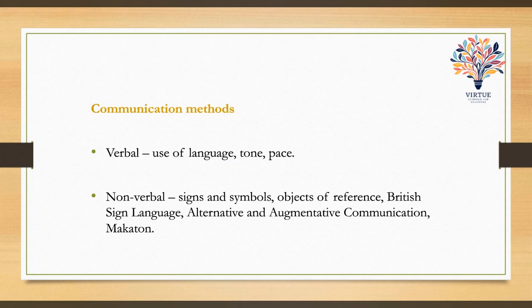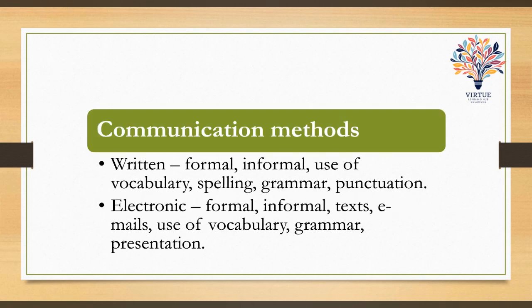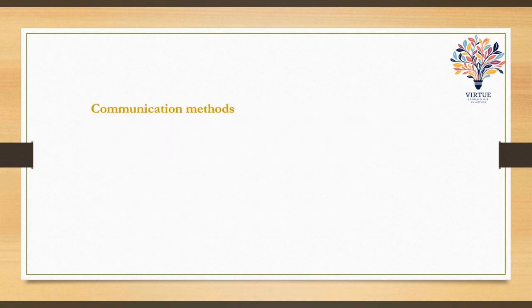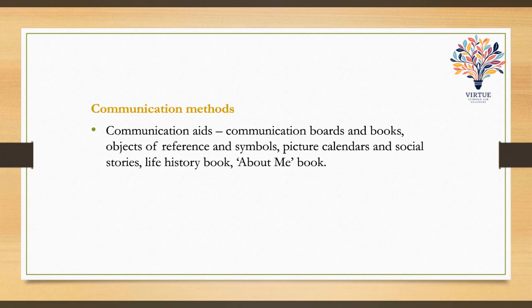Non-verbal communication includes signs, symbols, and objects of reference, such as British Sign Language, and alternative or augmentative communication methods such as Makaton. We use written communication, which can be formal or informal, with the use of correct vocabulary, spelling, grammar, and punctuation. Electronic communication can be formal or informal, such as text or emails. And then communication also consists of communication aids.